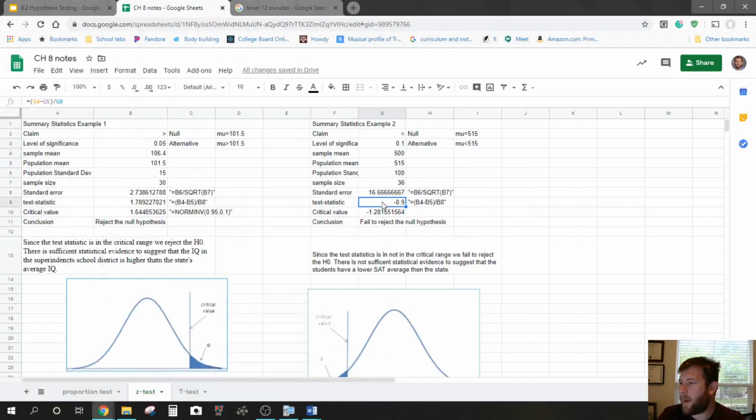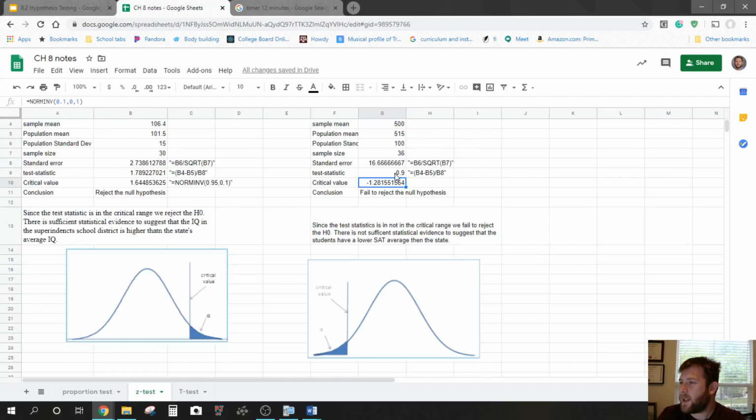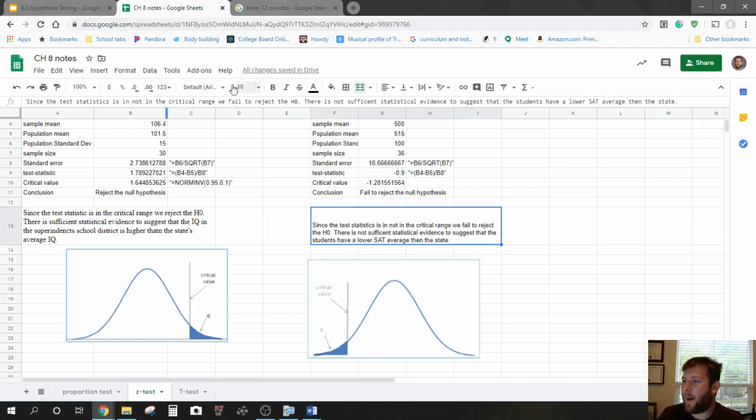Critical value. Now you compare these two. Does this number, the test statistic, lie over here to the left or to the right? Well, because it's bigger than negative 1.28, it lies right over here. So we fail to reject the null hypothesis.